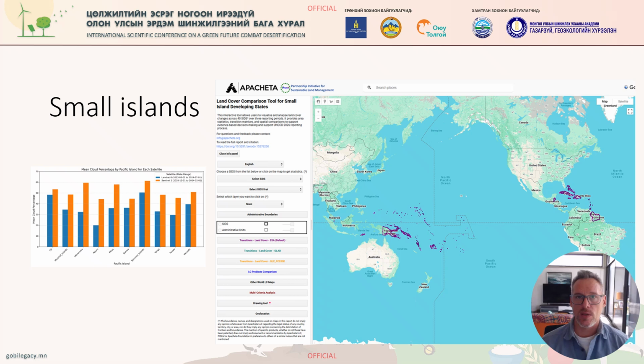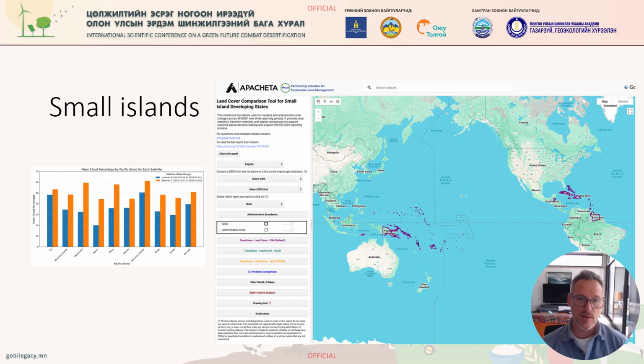Another challenge with those data sets is that we provide default data sets for reporting at the global level, and these have quite large pixels, about 100 meters or larger, and of course they are not quite right for use for planning or monitoring the distribution and dynamics of land degradation in very small countries.